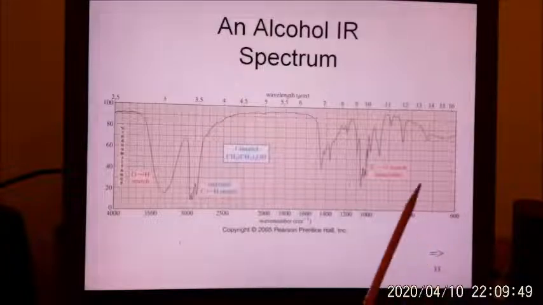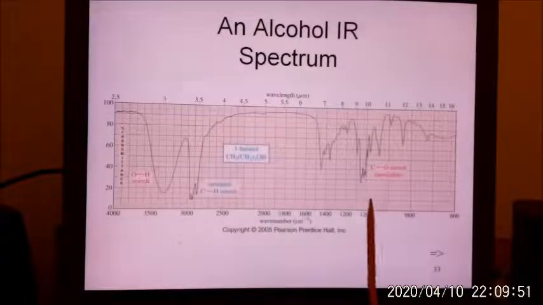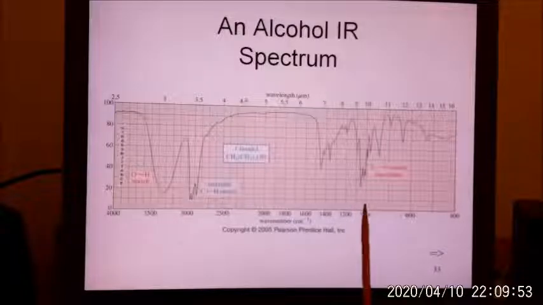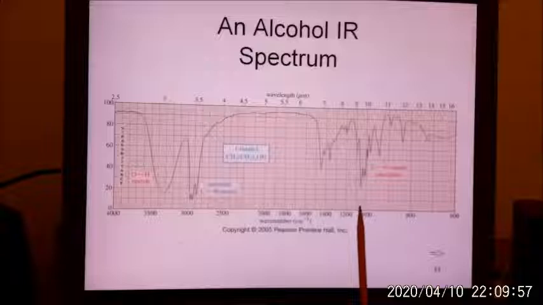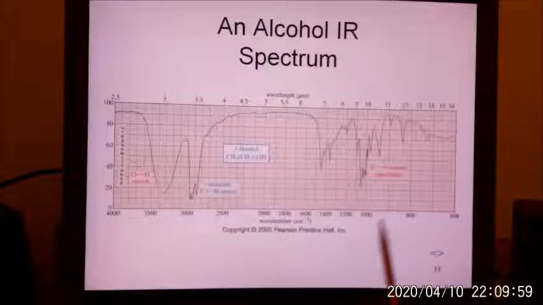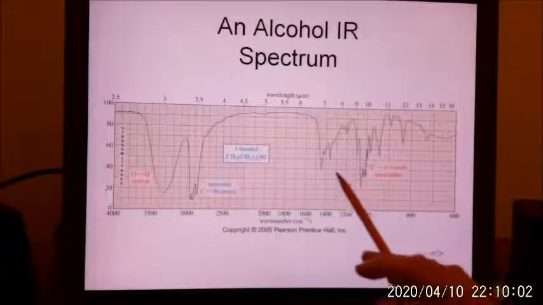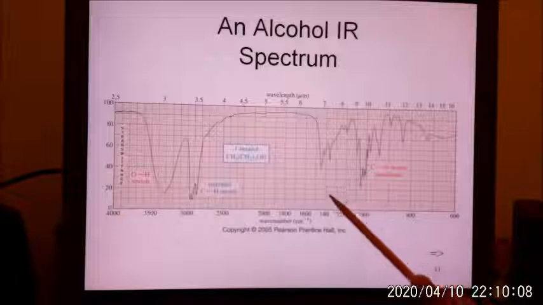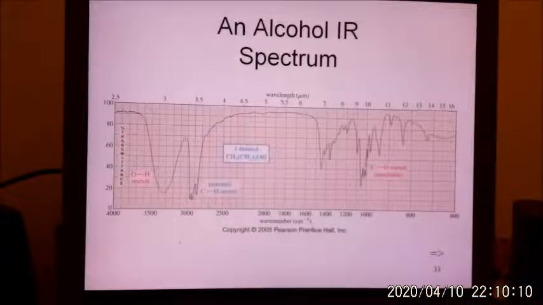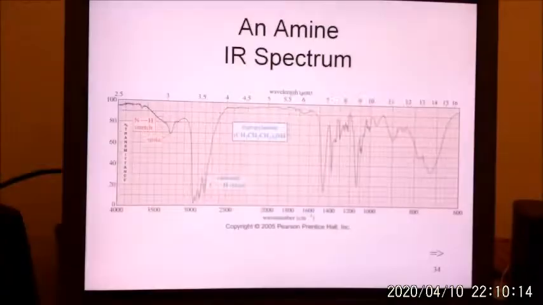What's unreliable is my CO stretch, around 1030 or so. The only reason is you can see there's just so many absorbances here. It will be strong, because of the polar bond, but there are a lot of other absorbances. So we need to bear that in mind.